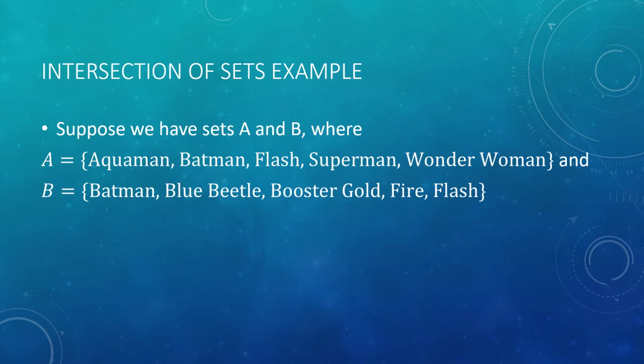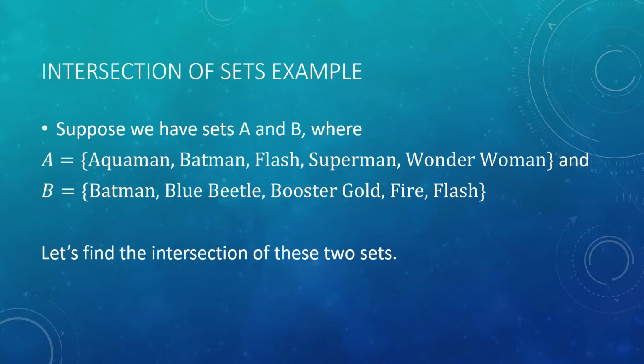Let's look at an example. Suppose we have sets A and B, where A is the set Aquaman, Batman, Flash, Superman, and Wonder Woman, and B is the set Batman, Blue Beetle, Booster Gold, Fire, and Flash. Let's find the intersection of these two sets. Again, you look and see what they have in common.